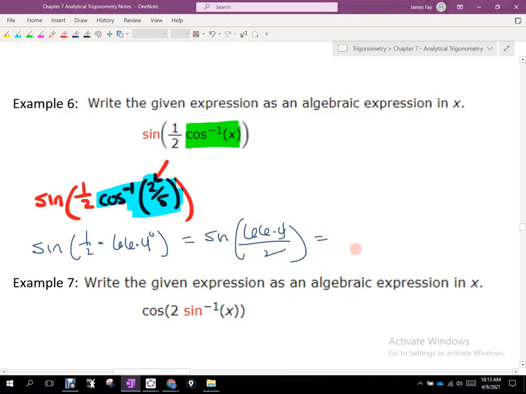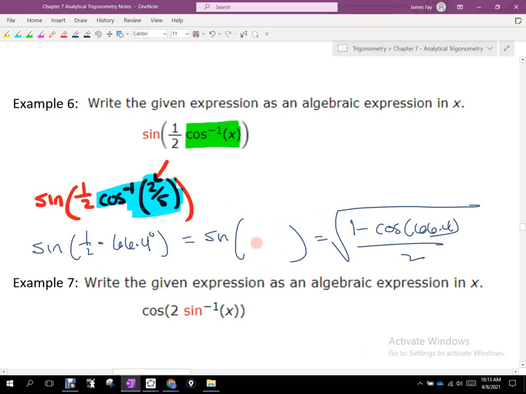Now, I could grab my calculator and evaluate that, but I could also tell my calculator that that's going to be the same thing as the square root of 1 minus cosine of 66.4 all over 2. That's the half angle formula for the sine.